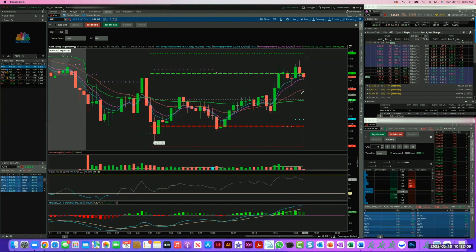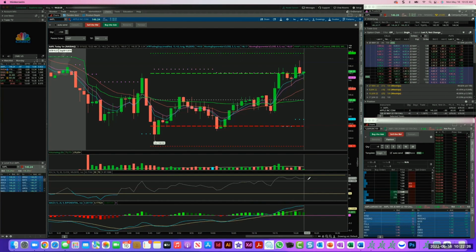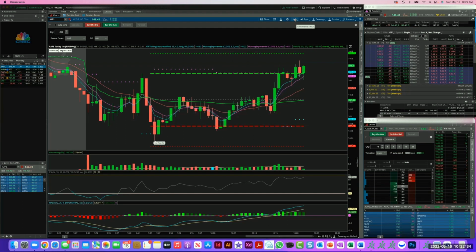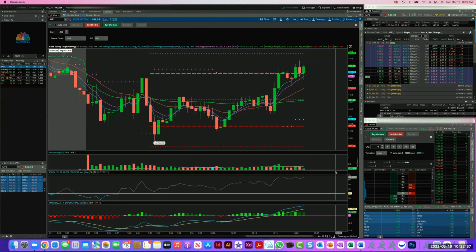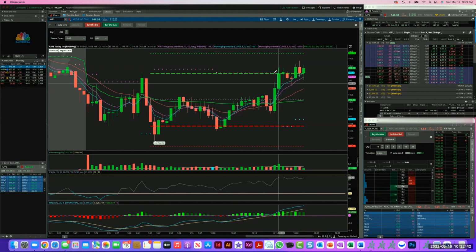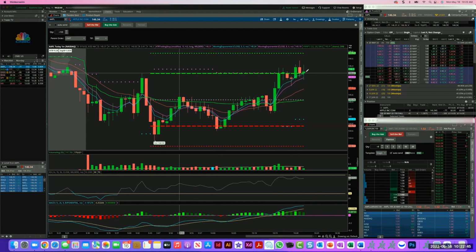So we're watching here. We don't want to fall and close below the 20-day EMA. We are not showing oversold yet either. So we have clear support here, the opening range breakout.